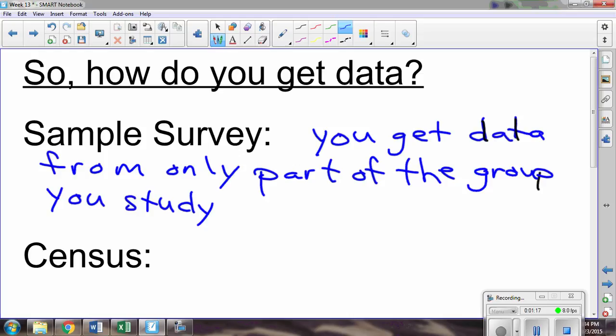For instance, if we wanted to conduct research on the students in the high school, we could take a portion of the high school. Maybe we would go and ask questions of 10 students. Perhaps we would look at the students in Mr. Moran's classroom, because of course he doesn't have all the students in the entire high school. In a survey, you look at a group of the population, not everybody all together.